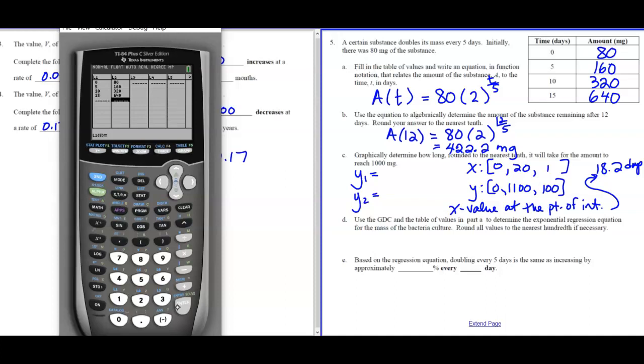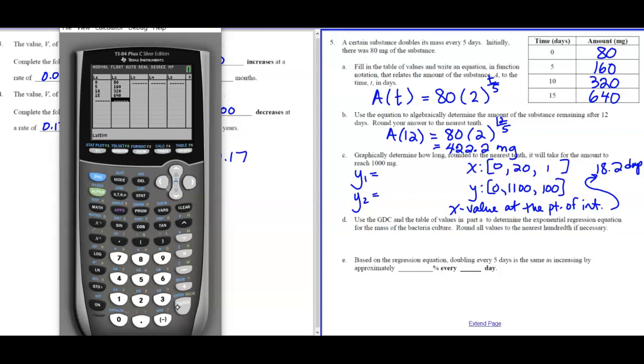Okay. We already have a window set, right? Because we graphed this equation, so that's nice. So when you're doing a regression, you want to enter your equation, enter your data, then set up your window, which we already did.